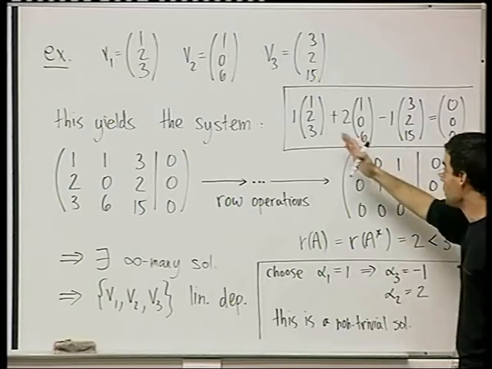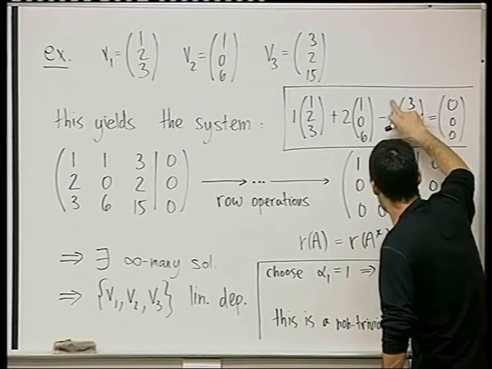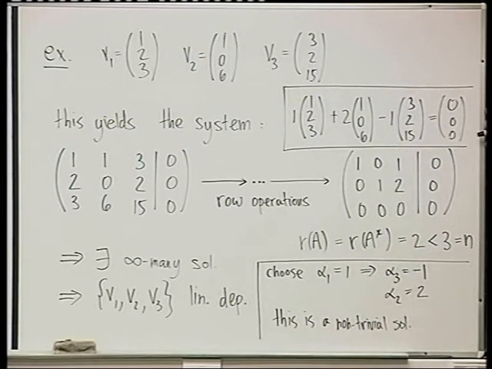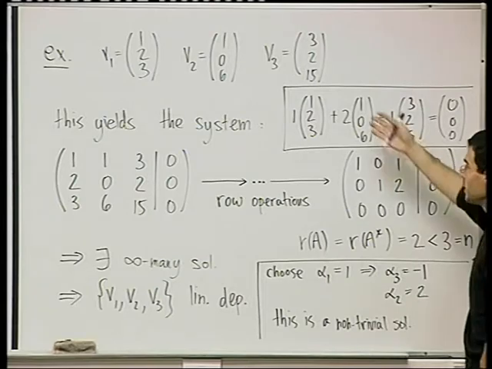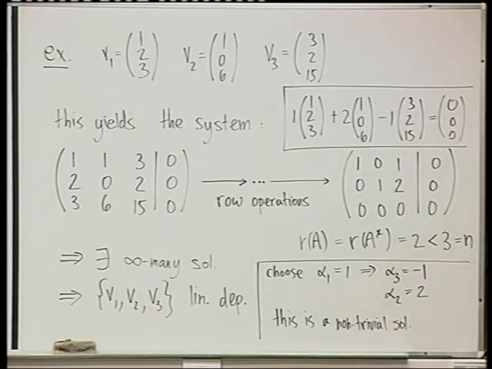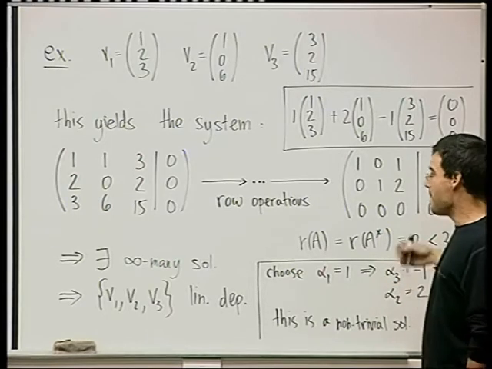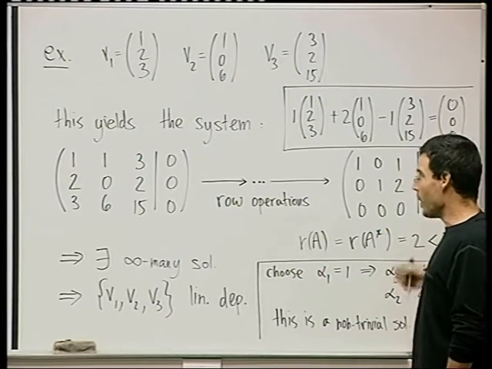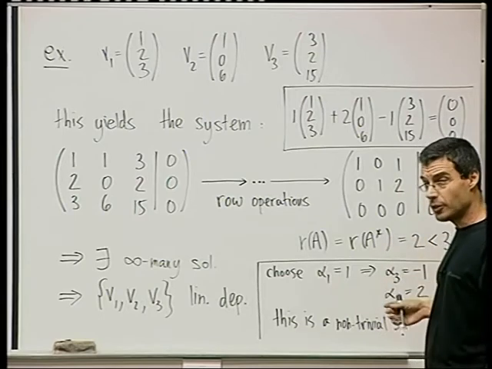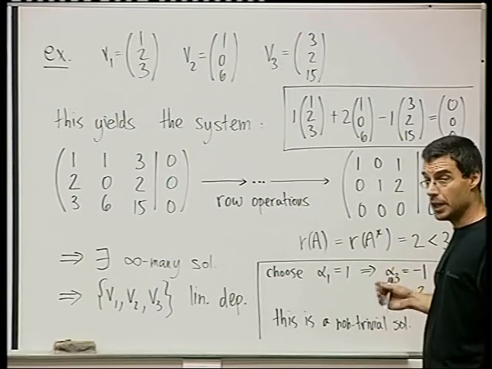So for example, you can move the third one to the right-hand side, and you get V3 as a linear combination of V1 and V2. V3 is extra. Good? Everybody follow? Is the idea clear? Okay, good. So this is one method of determining whether a collection of vectors is linearly independent or not.